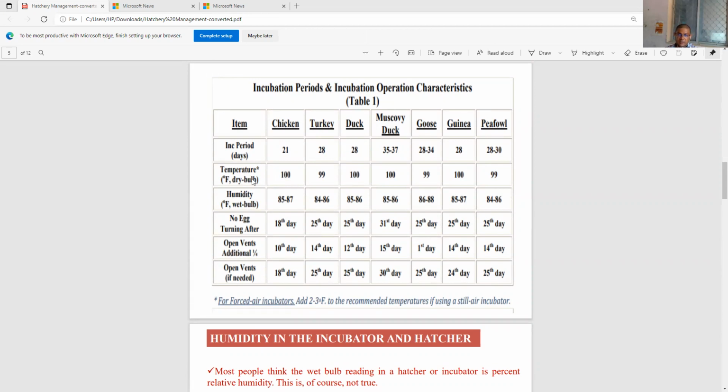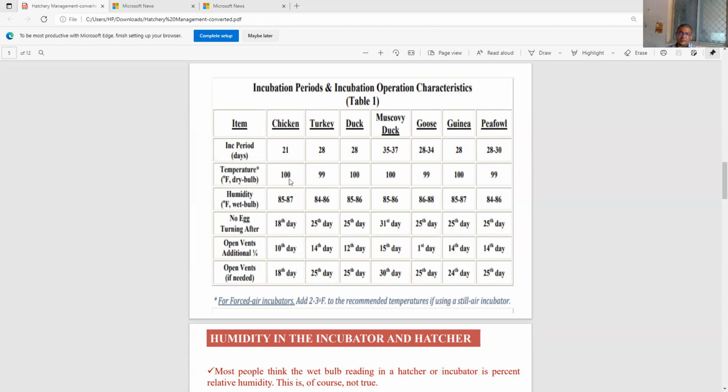The requirement of temperature for hatching of eggs varies slightly, only 99 to 100 degrees Fahrenheit. In the case of chicken, duck, Muscovy duck, and guinea fowl it equals 100 degrees Fahrenheit, whereas turkey and peafowl require only 99 degrees Fahrenheit.